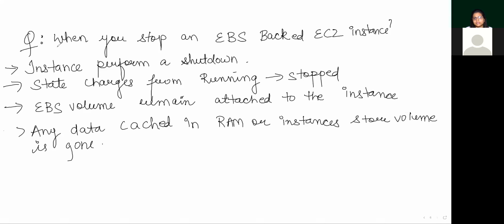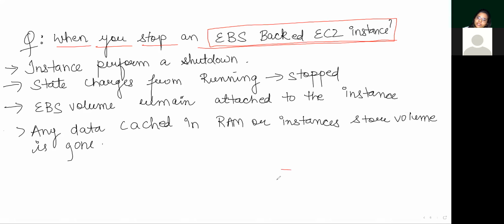So what the question says, when you stop an EBS backed EC2 instance, it means that with your EC2 instance, you have attached an EBS volume. As a backup, you have created an EBS if you want to store extra data.